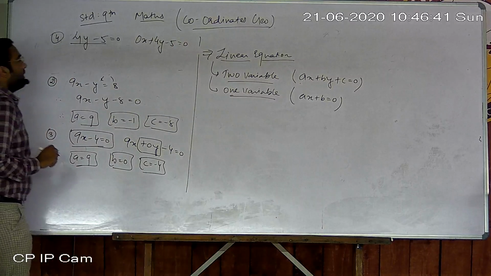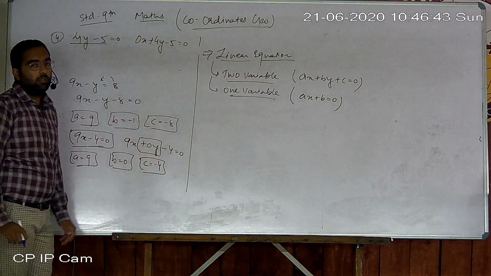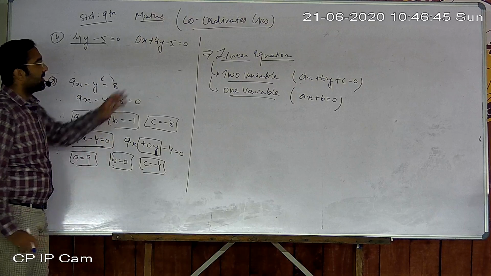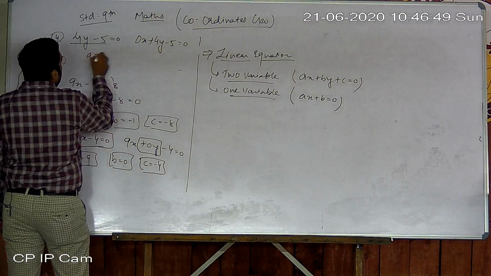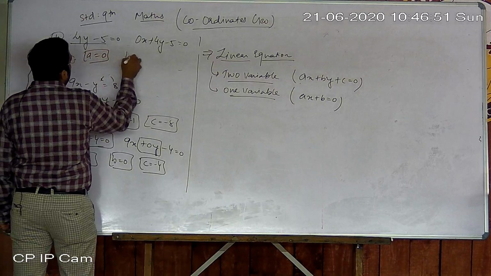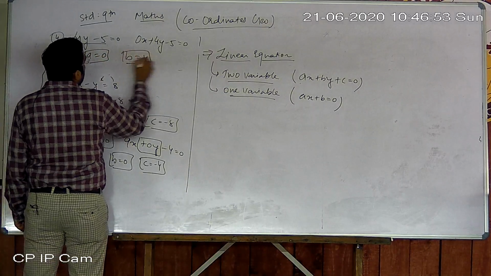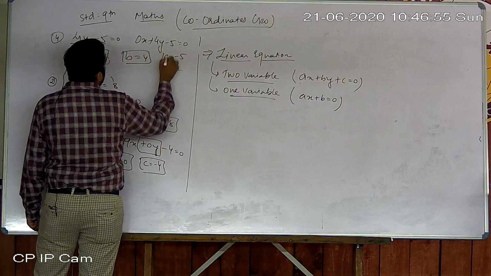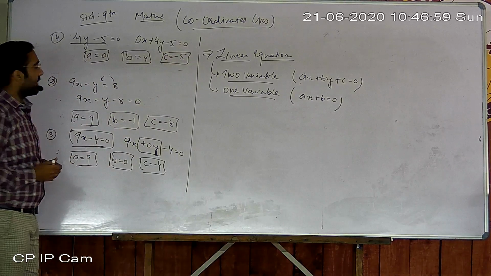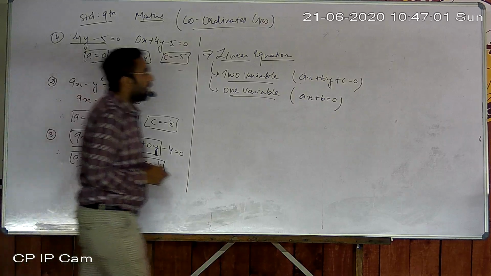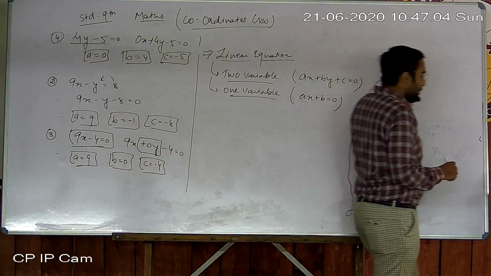You must write it in the standard form. So what is the value of a? A is 0, b is plus 4, and c is minus 5. Understand?